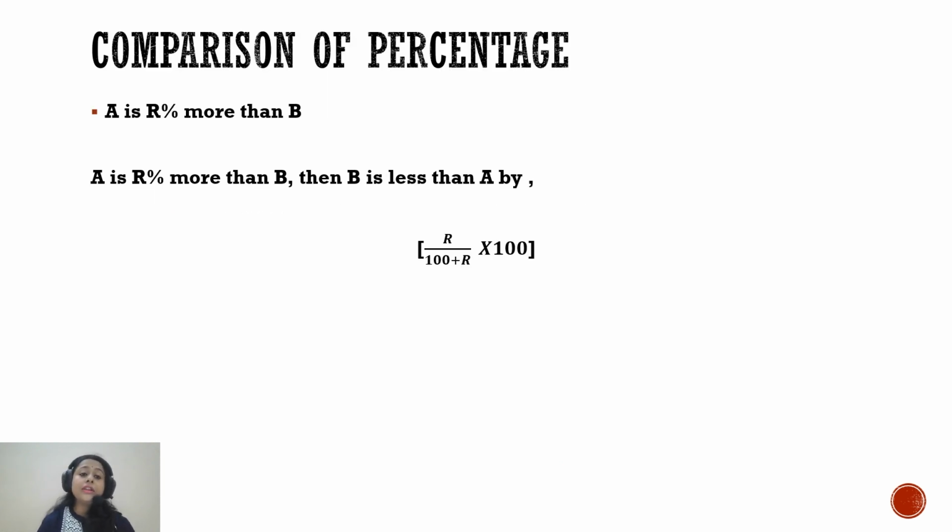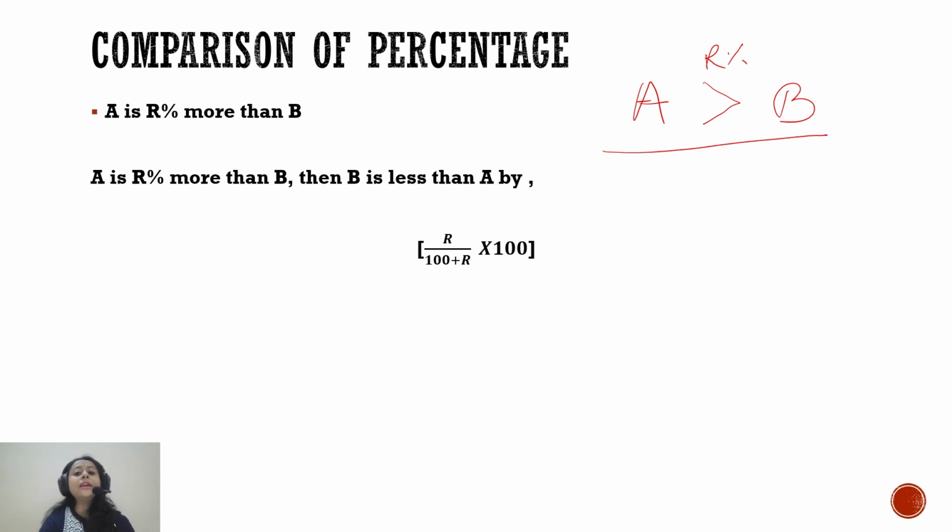Then another very important topic is comparison of percentage. Suppose there are two values or two numbers A and B, and suppose A is R% more than B. So A is greater than B, and how much greater?